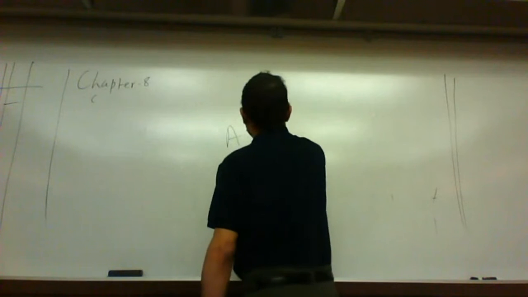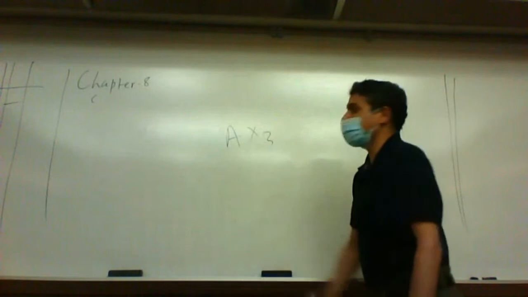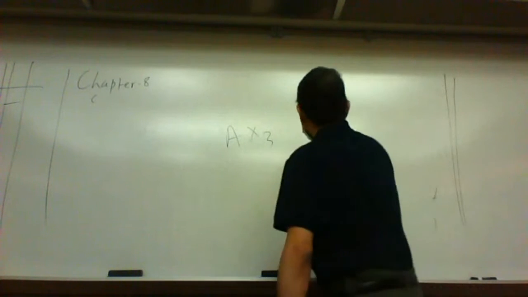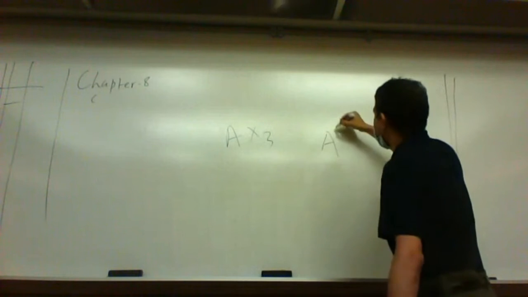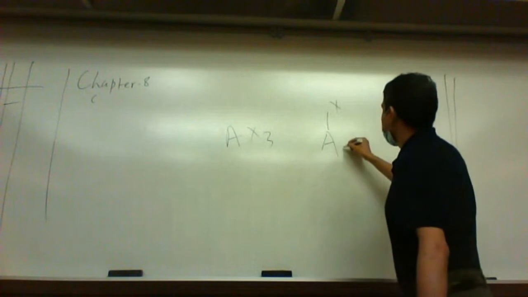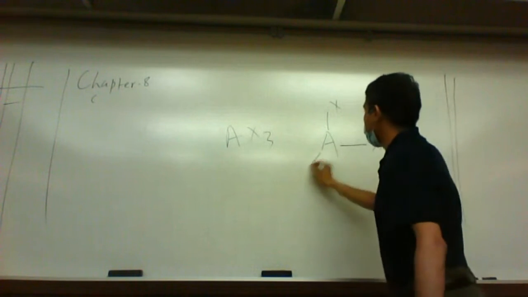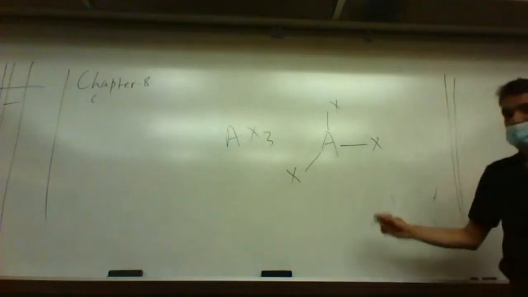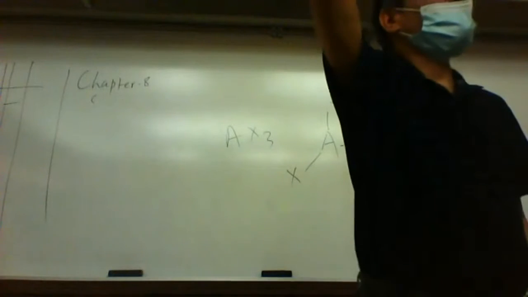Make sense? Good. So let's take another one, AX3 type molecule. So you have a central atom and there are three pairs of electrons. This is A, the central atom. Now there is one pair of electrons here, another pair here, and another pair here. So it's just like the boron, exactly like this.